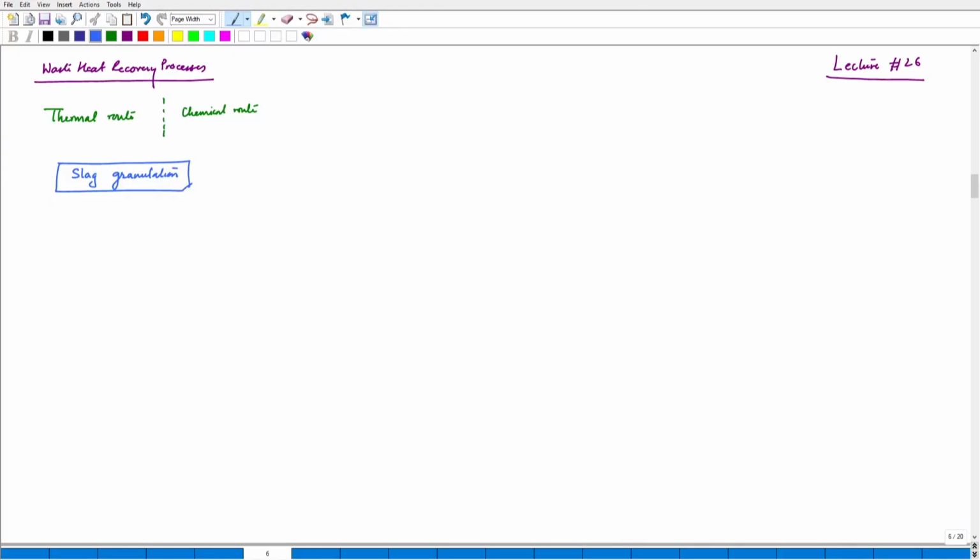Slag granulation increases heat transfer, and this heat transfer is from the slag itself to the heat exchanger.